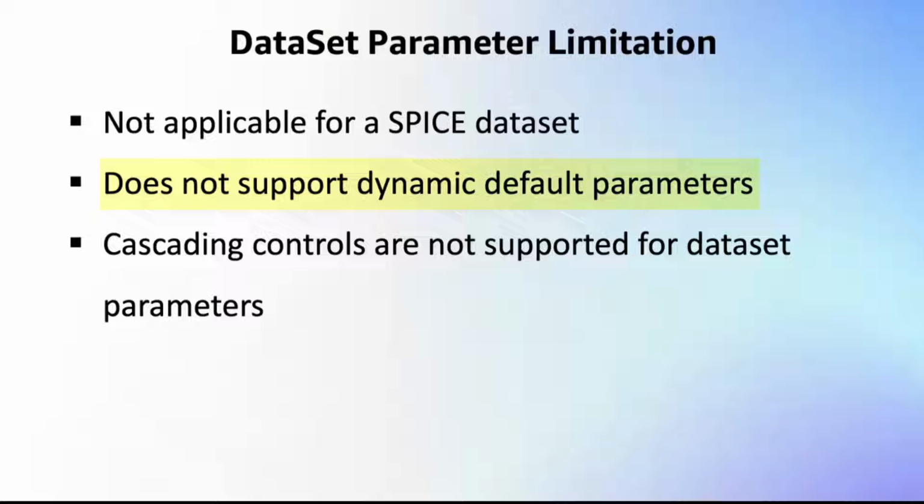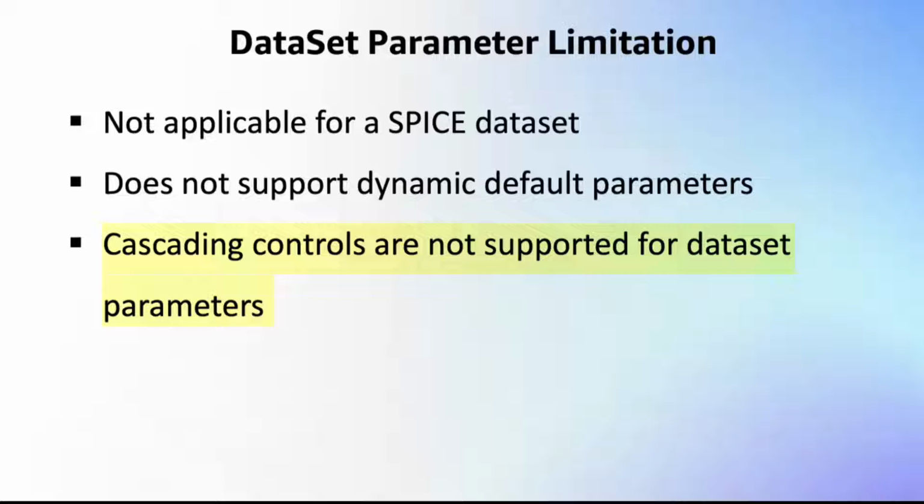Two, dataset parameters do not support dynamic default value setup. When you create a dataset parameter, you can create a static default value for that parameter, but you are not able to set up a dynamic default value. And the third one I've listed is cascading controls. So what does a cascading control mean in QuickSight?